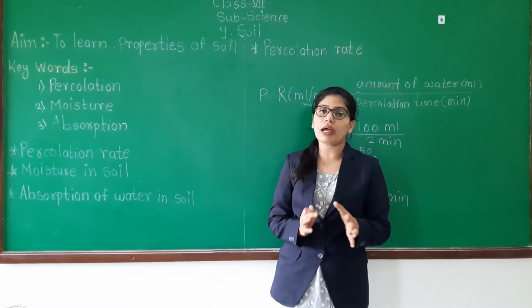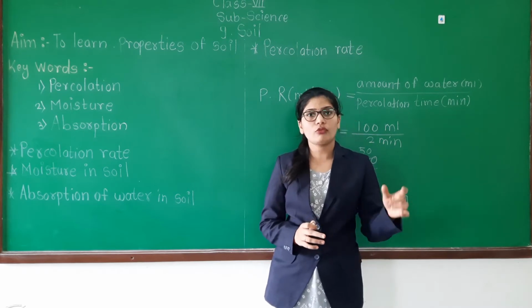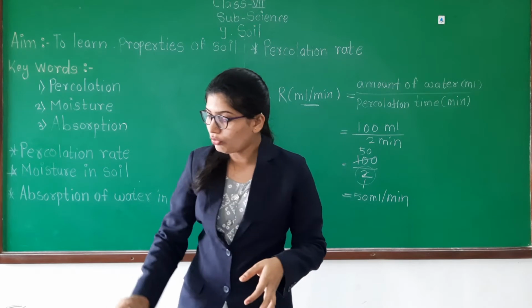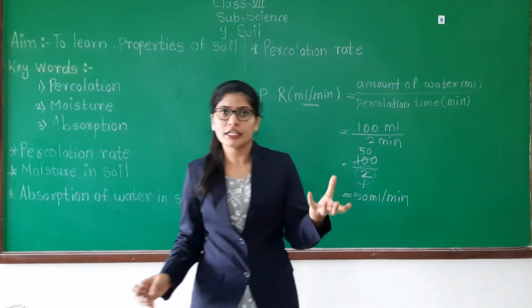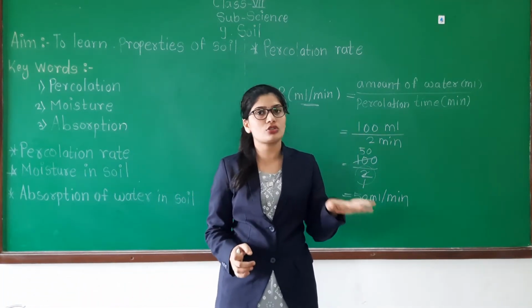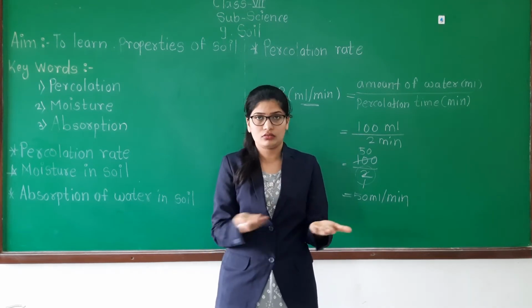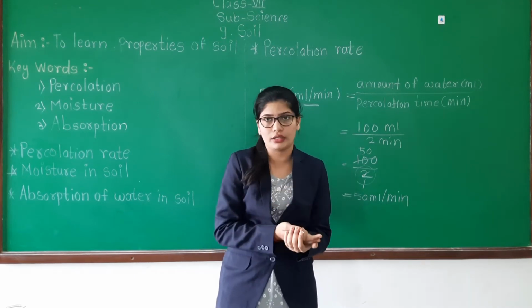Understood what is meant by percolation and what is the percolation rate? See, the rainwater that percolates through the soil is collected on the bedrock, the last horizon or the last layer of soil.